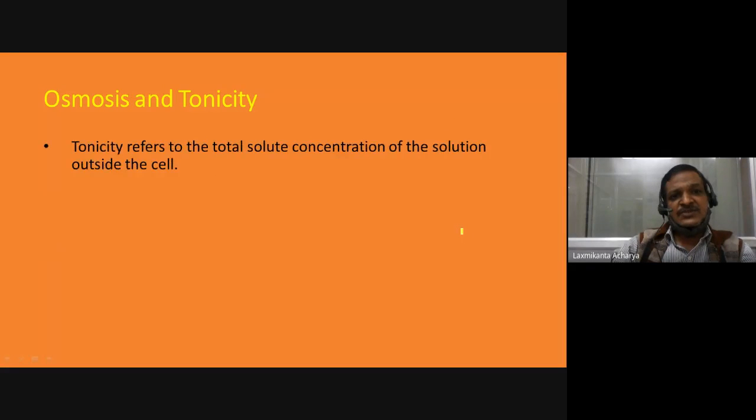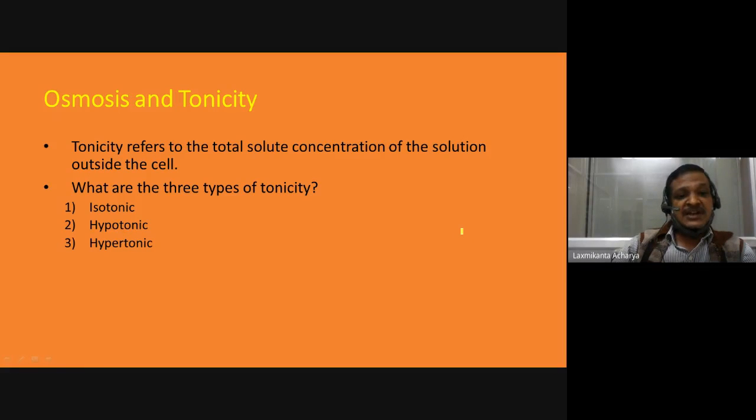And now coming to tonicity, there are three situations depending on the solute concentration of the solution outside the cell. So there can be three kinds of solution: one is isotonic, another is hypotonic, another is hypertonic.